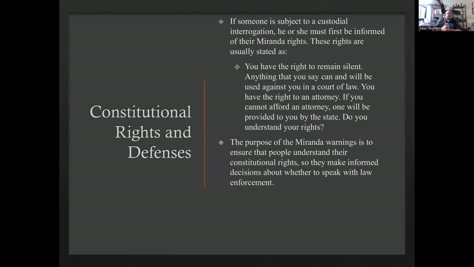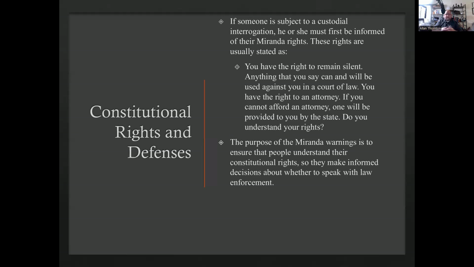If someone is subject to custodial interrogation, they have been placed under arrest, they are given their Miranda rights. Now, we've probably touched on these, but just to go over it again, the Miranda rights, hopefully you've never heard them being read to you, but you've probably heard them on TV or in some instance like that. You have the right to remain silent.